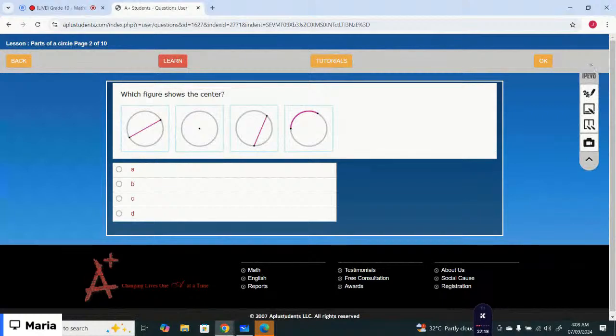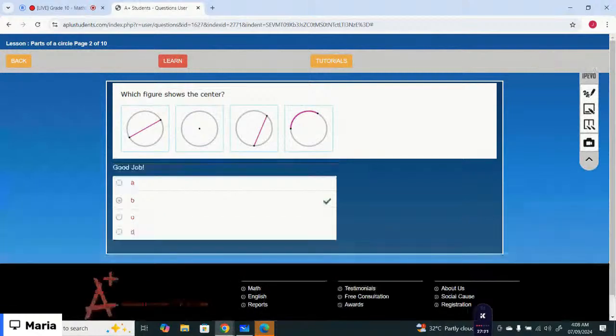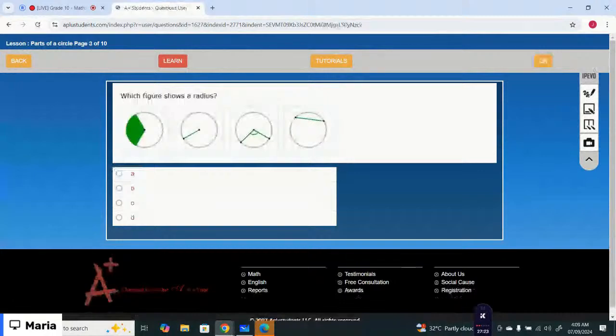The correct option is B. Which figure shows a radius?